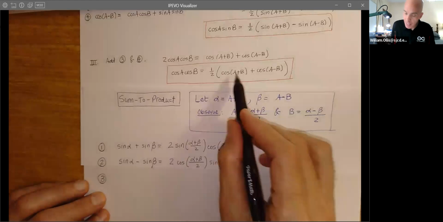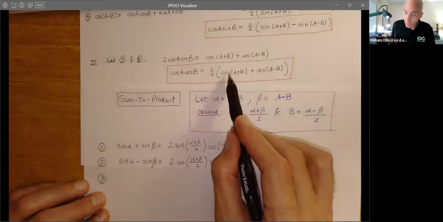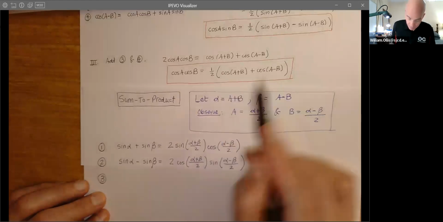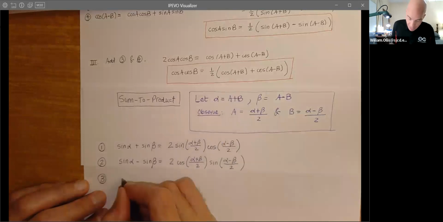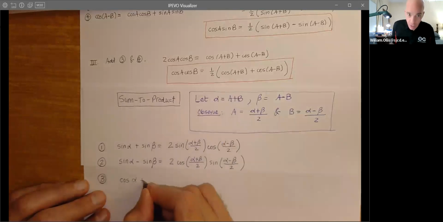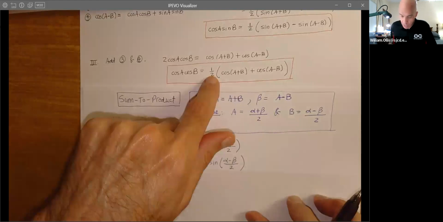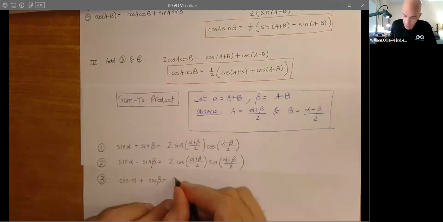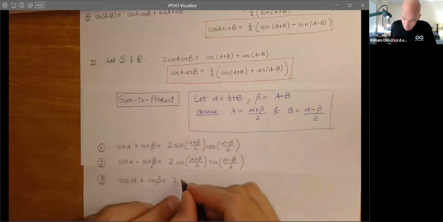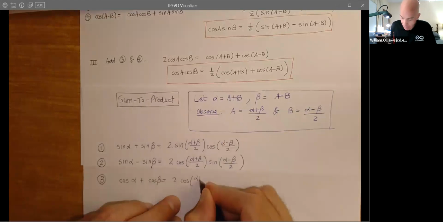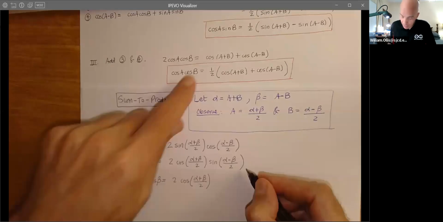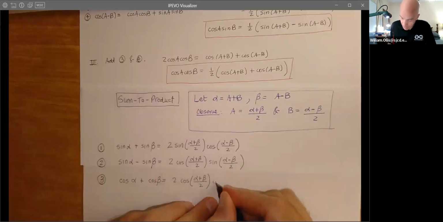We have, in this case, cosine alpha plus cosine beta. So again, multiply by 2, cosine alpha plus beta over 2, cosine alpha minus beta over 2.